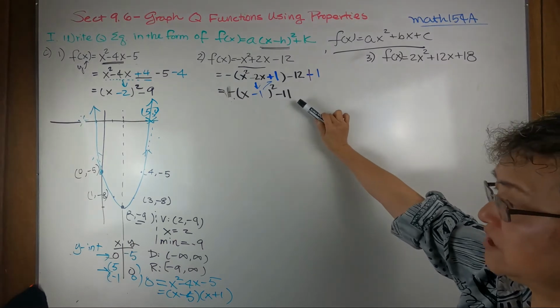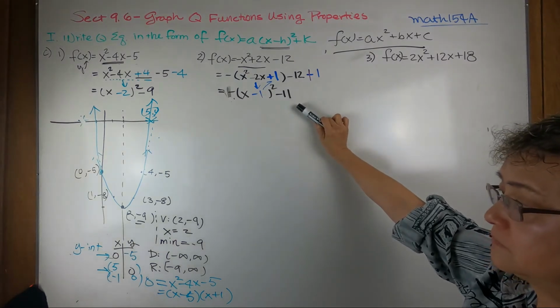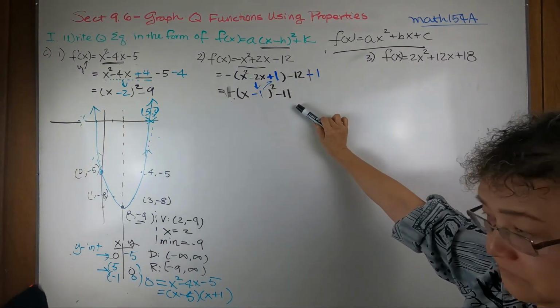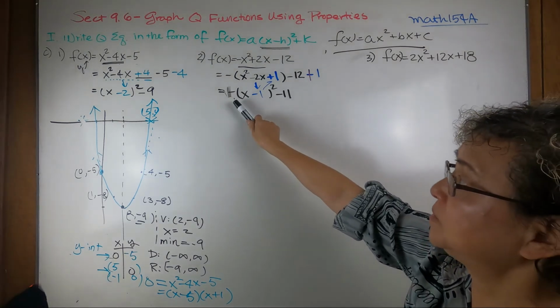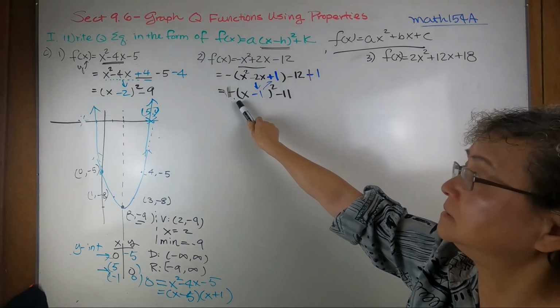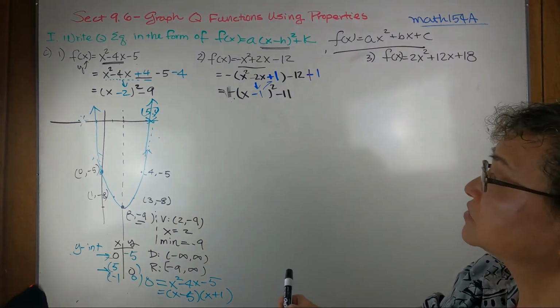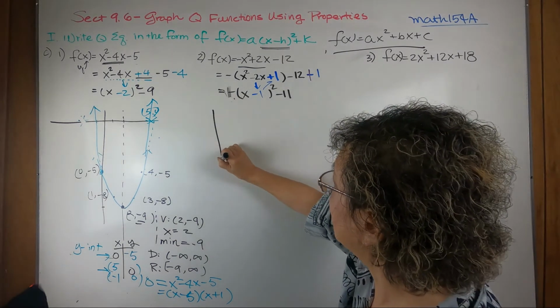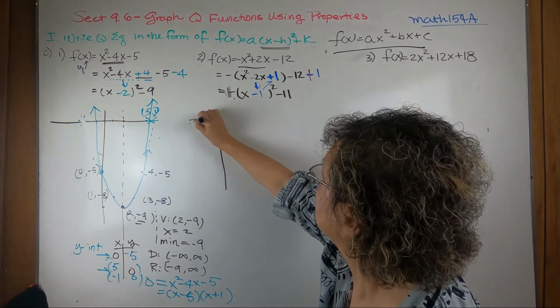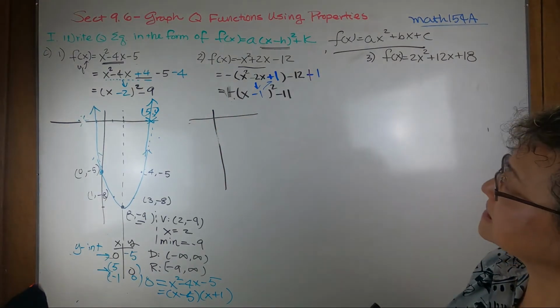So do I have a vertex form? Then does it open up or open down? Opens down because of the negative, right? So we are going to graph it. So where is your vertex?